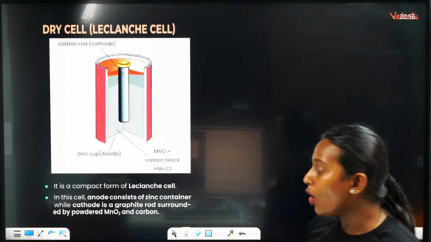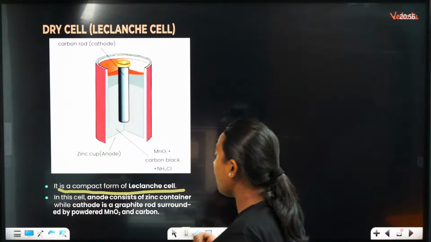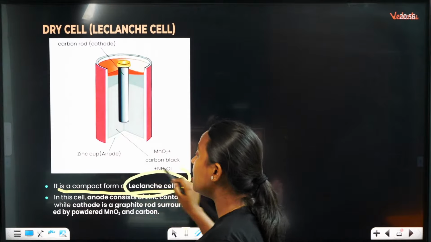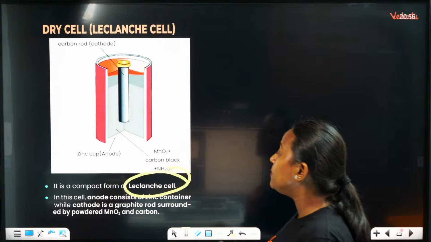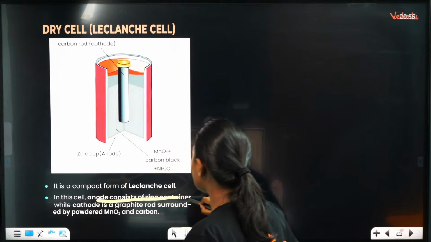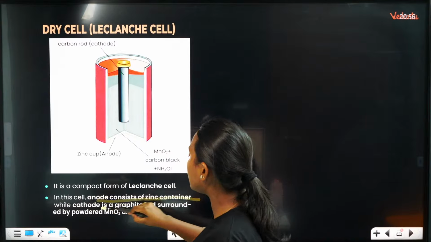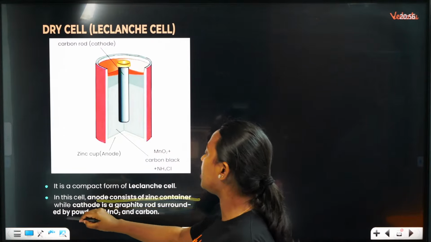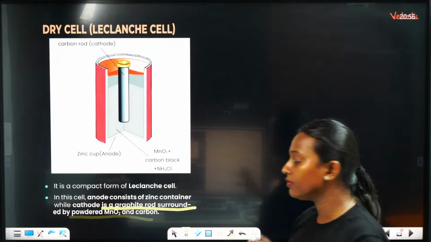What is important here is that it is the compact form of the Leclanche cell. In this cell, the anode consists of a zinc container, while the cathode is a graphite rod surrounded by powdered manganese dioxide and carbon.